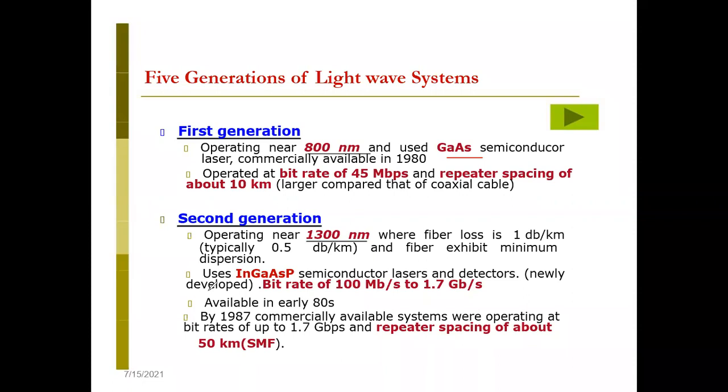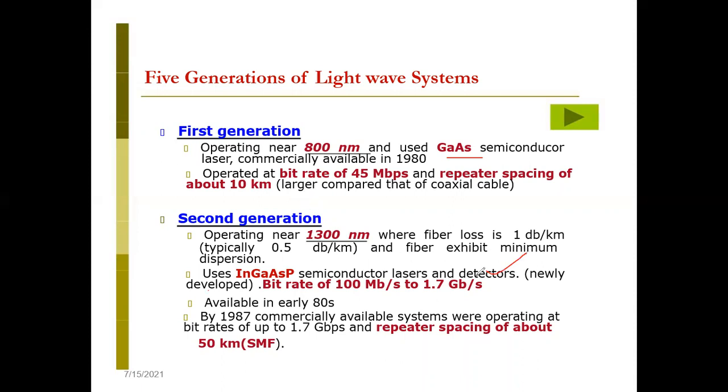See, it is not only about the source. The source will convert electrical to optical, but at the receiver end, I require a good detector. What will the detector do? It will take the optical signal and convert it back to an electrical signal. So we require good detectors also, not only a good source.